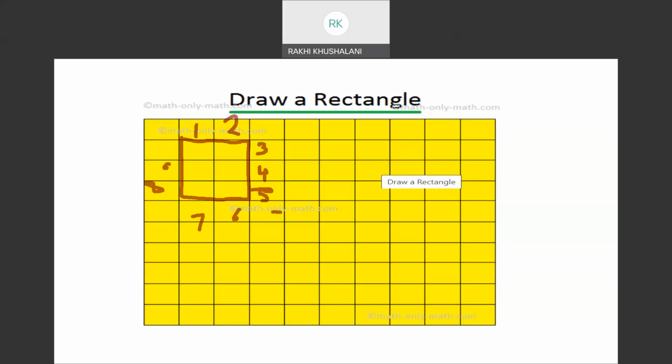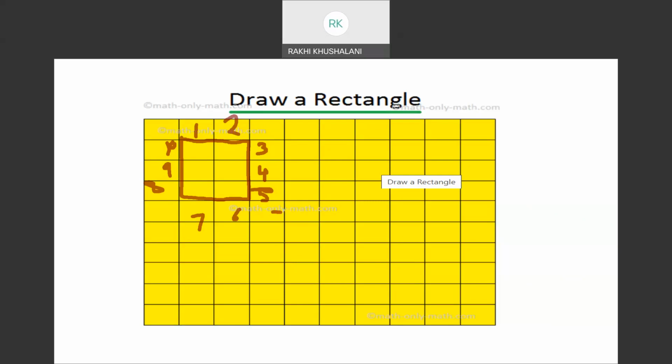Sorry for my writing here. 9. And of course, 10 units is the perimeter. And if I tell you 3 this side, 3 the other opposite side, so 3 plus 3 is 6. 2 this side and 2 the opposite side is 4. So 6 plus 4 is 10.